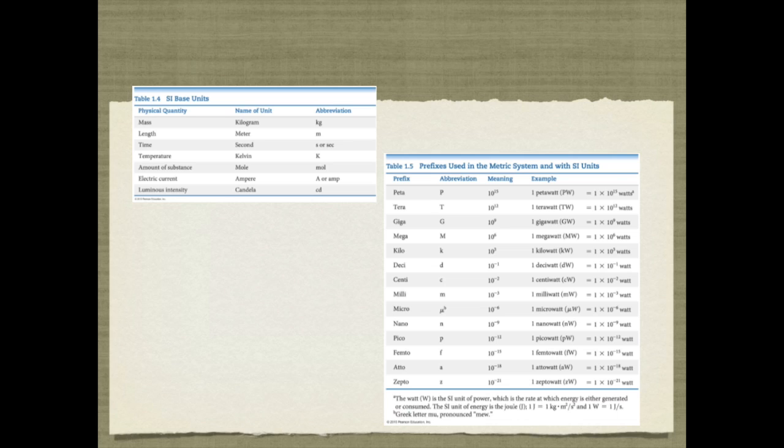And then you'll notice the others are pretty common, length and time. One of the ones you may not be too familiar with is luminosity, and that unit is candela, abbreviated as cd, as you see there. And this is actually used occasionally. I saw an article in the Pittsburgh newspaper a couple years ago, and they were talking about the Grant Tower, which is one of the buildings in downtown Pittsburgh, and it has a light on top of it for protection, to let airplanes know that there's a building that tall.